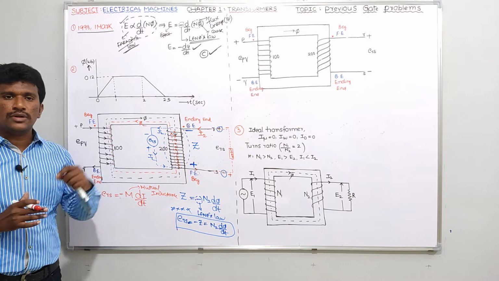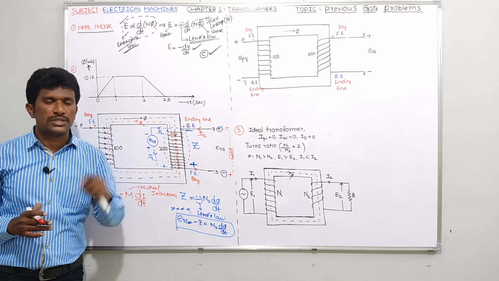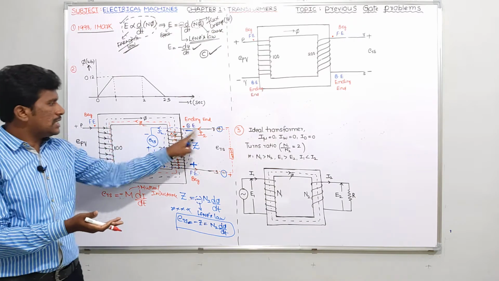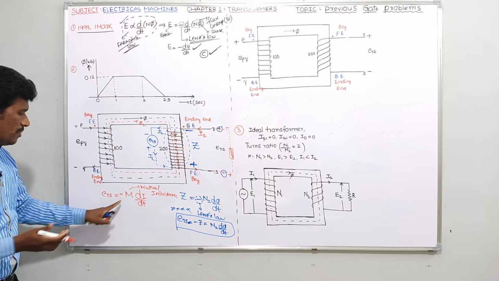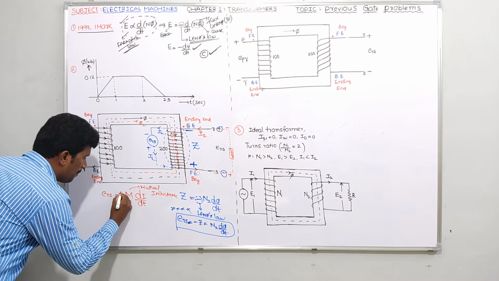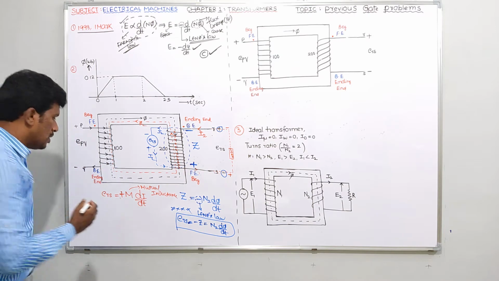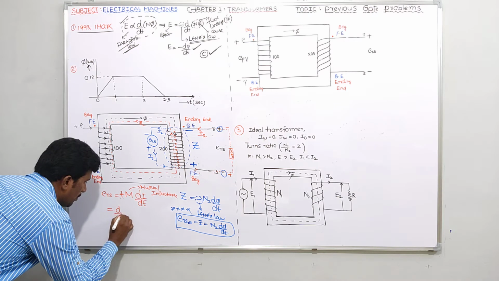Generally in transformers we use negative type of coupling, but that is a different case. In this question, current is entering at a dot here, so obviously it is the positive type of coupling only. Positive coupling means you should take plus here. Okay, so now tell me about this M, I already told you the formula. I don't know how many of you remember.